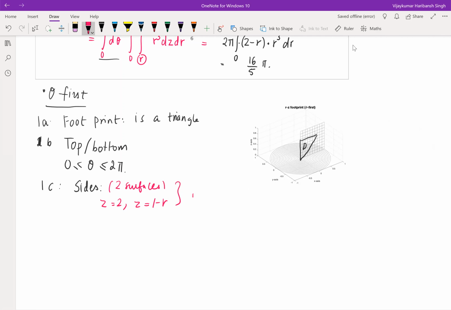They have no theta in them. Perfect. So basically you can think of this region E as a cylinder in the theta direction.